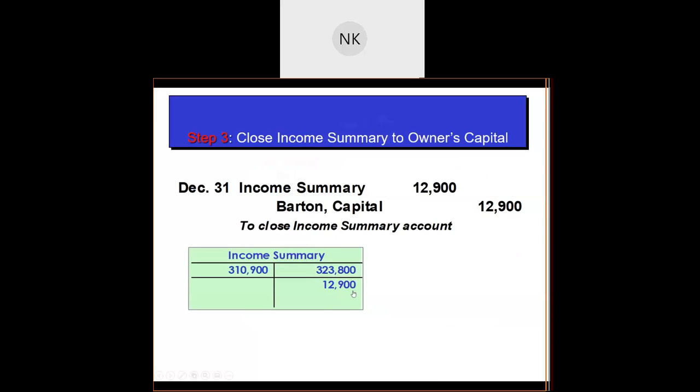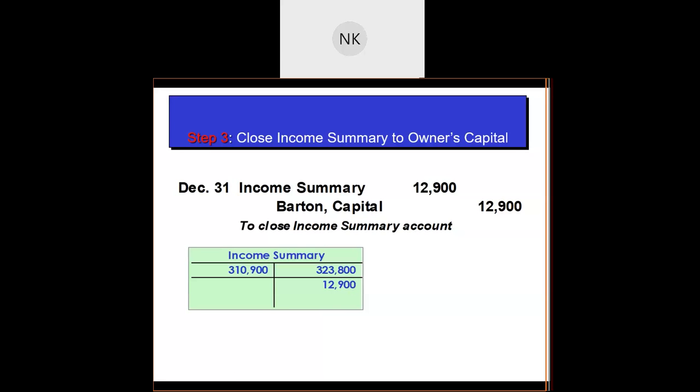This one you actually know already, because last time when we talked about the statement of equity, you will post the amount of profit that happened in that year. So this is where you take the 12,900 and credit it to capital, to close the income summary account and to transfer the amount of the profit to the capital for that year.